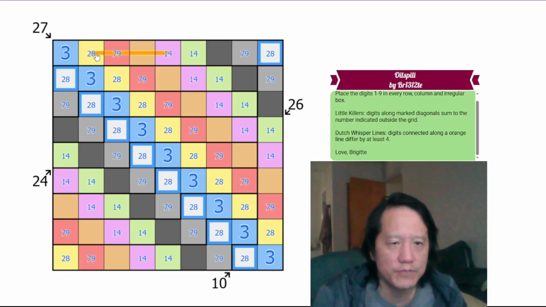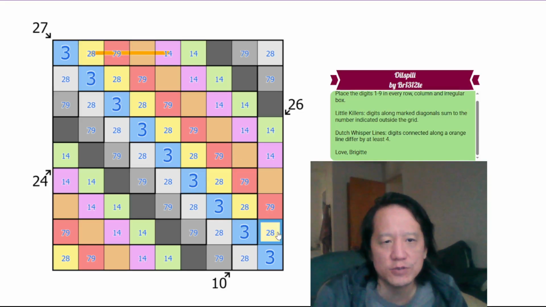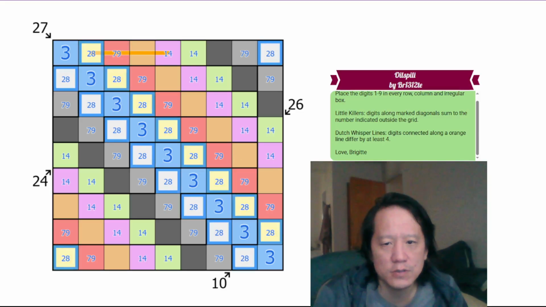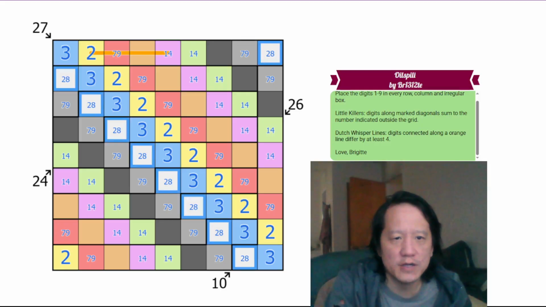Okay. Well, yellow has to be 4 or more away from 7 or 9. 8 can't be that, so this must be 2. So yellow is 2, and light must be 8.